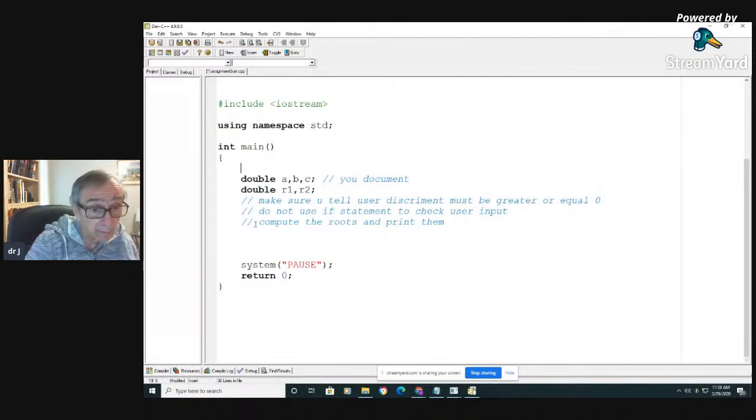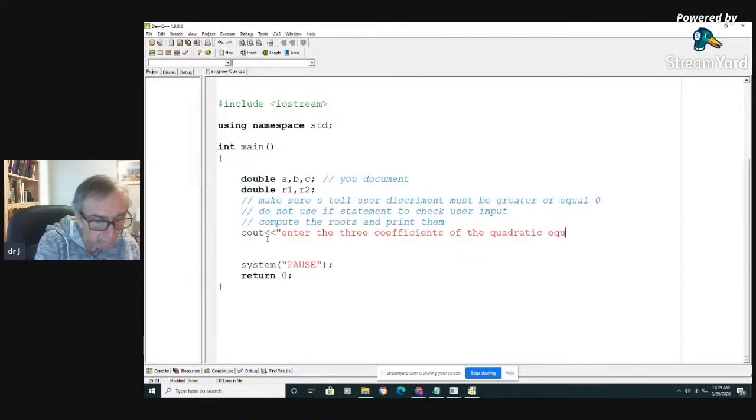So let's do an instruction to the user: enter the coefficients of the quadratic equation, ax squared plus bx, I'll just call them A, B, C.